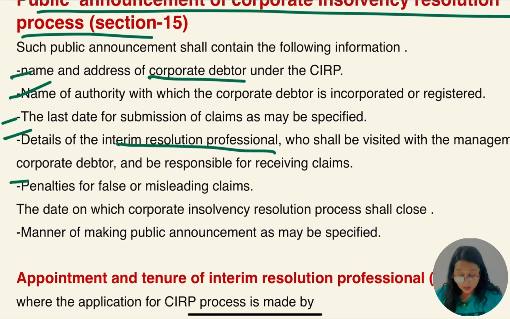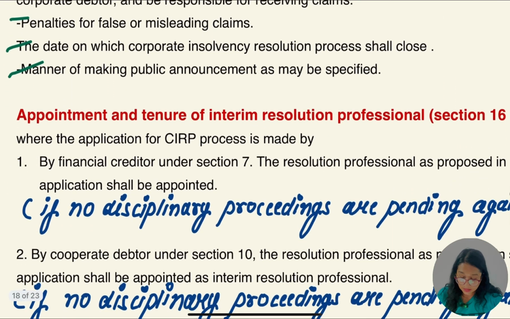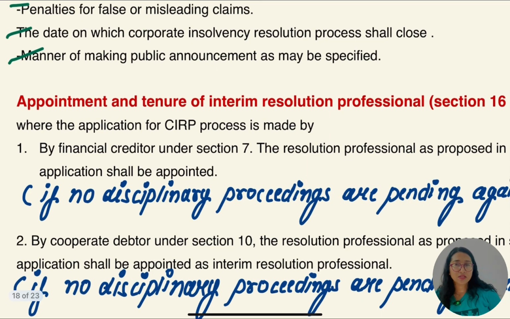Also, any penalty for false or misleading claims has to be written in the public announcement. The date on which the corporate insolvency resolution process shall close and the manner of making the public announcement as may be specified are also to be written. So these are the things to be written in the public announcement under section 15.